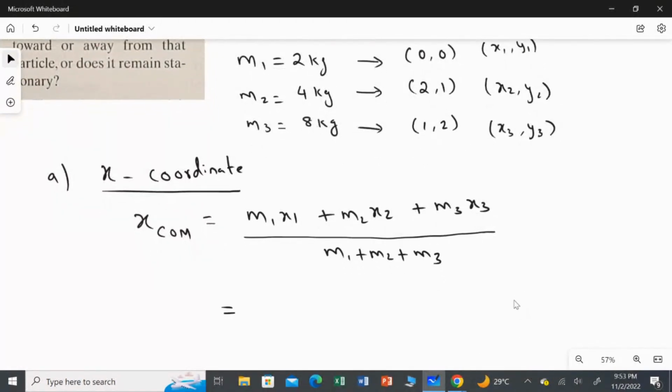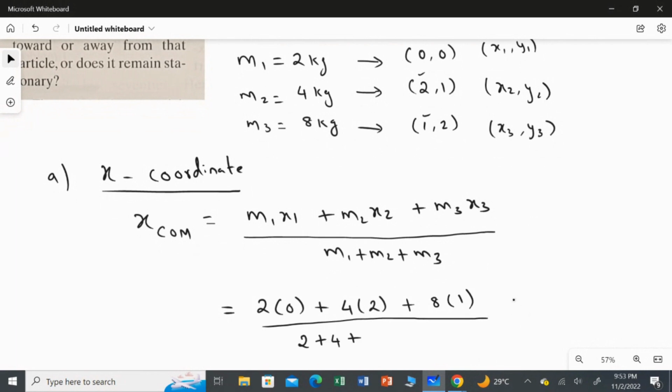The mass of the first particle is 2 kilograms and its x1 value is exactly 0, so 2 multiplied by 0, plus the mass of the second particle, 4 kilograms, times its x2 value, which is 2, plus the mass of the third particle, 8 kilograms, times its x3 value, which is 1, divided by m1, which is 2, plus m2, which is 4, plus m3, which is 8.